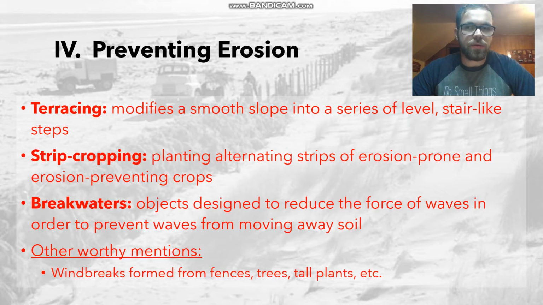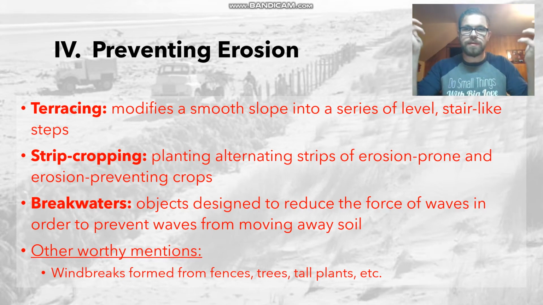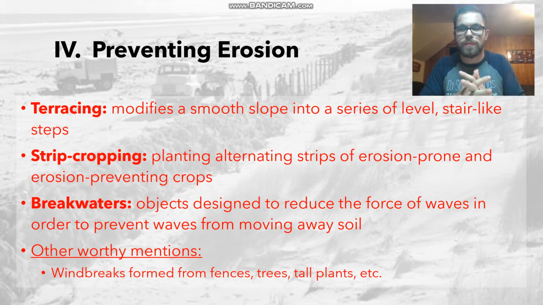And then we also talked about erosion by gravity, or erosion by mass wasting, and how when soil becomes saturated, or even if it isn't entirely saturated, it can't hold itself up anymore.